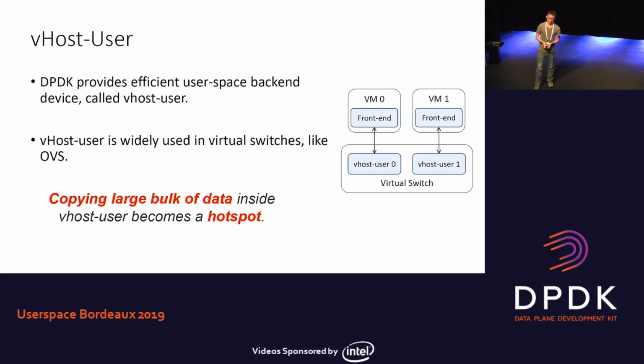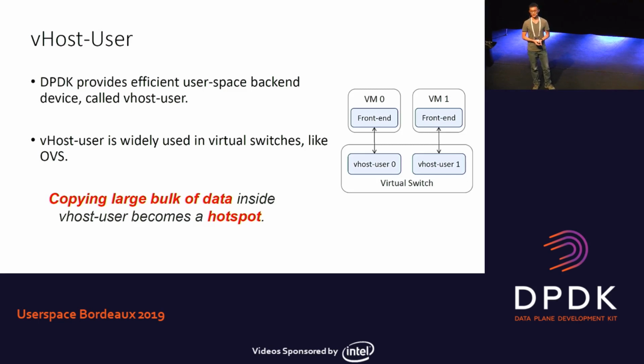DPDK's vHost-User is deployed in a lot of virtual switches. In virtual switching use cases, we have limited core resources for the virtual switch, which is where vHost-User will be running.